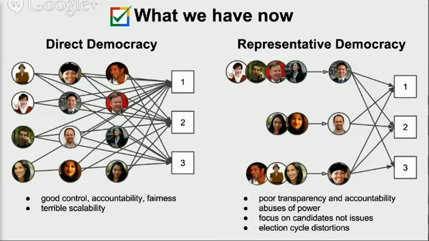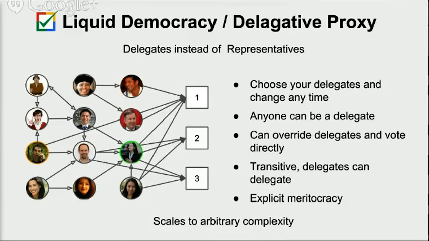You also get distortions from the election cycle itself, because elections take a lot of overhead, and you get silly things like, oh, we can't make this happen, it's an election year. It's purely an artifact.